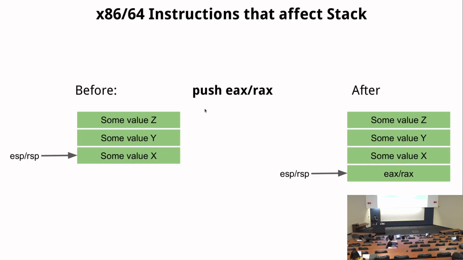Now we execute the instruction push EAX. We first decrement ESP, so ESP will move 4 bytes down. Then the value of EAX will go to the memory location ESP points to. So this is a push.